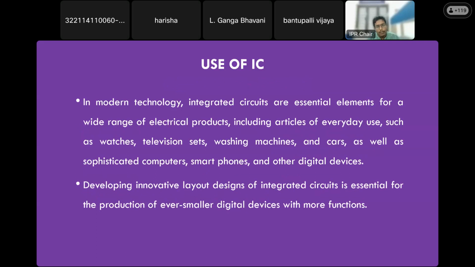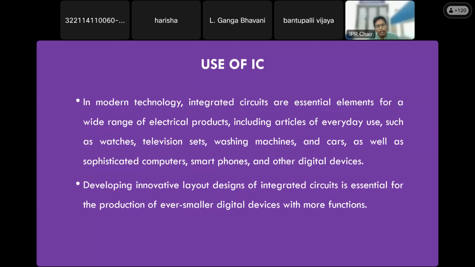So what are the uses of integrated circuits? In modern technology, integrated circuits are essential elements for a wide range of electrical products, including articles of everyday use such as watches, television sets, washing machines, and cars, as well as car infotainment. There you can see ICs, as well as sophisticated computers, smartphones, and other digital devices.